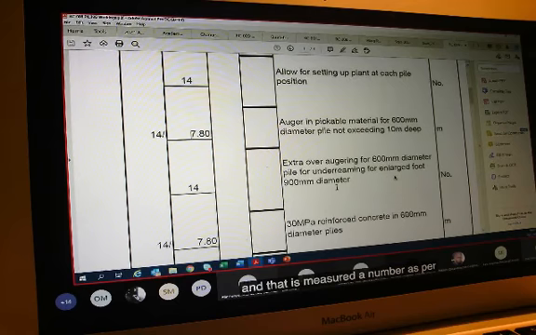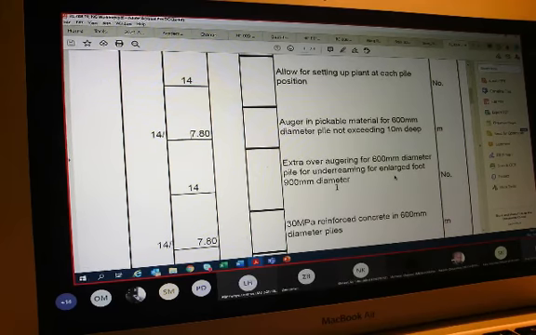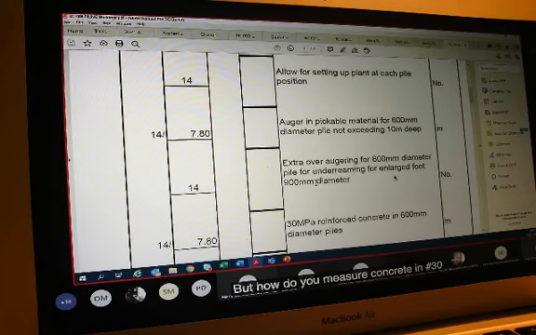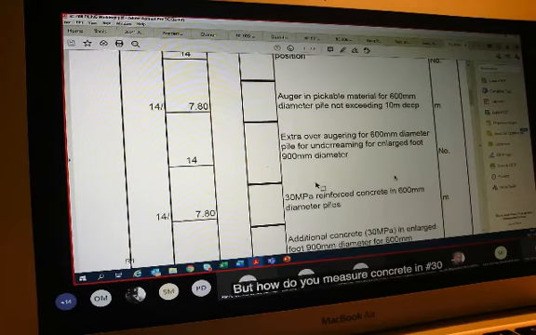And we measure that as extra over augering for 600 millimeter diameter pile for under reaming for the enlarged foot 900 millimeter diameter. And that is measured in number as per clause 12, subsection 21 on page 22. Under reaming for an enlarged foot shall be given as extra over drilling and measured in number. That's according to the standard system.